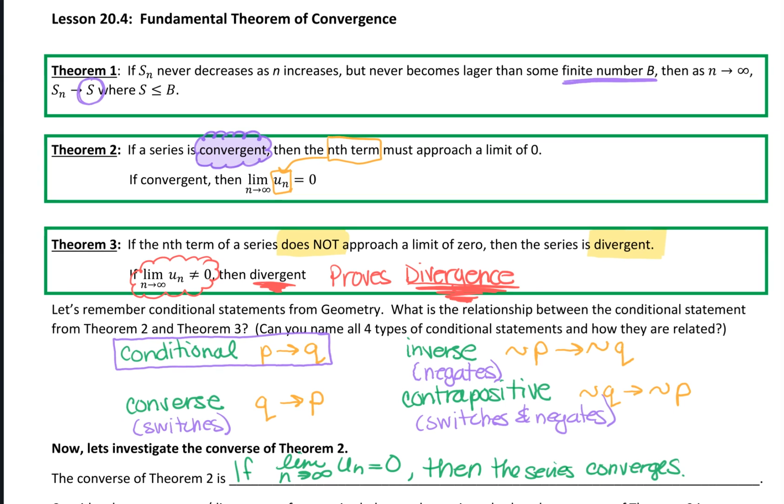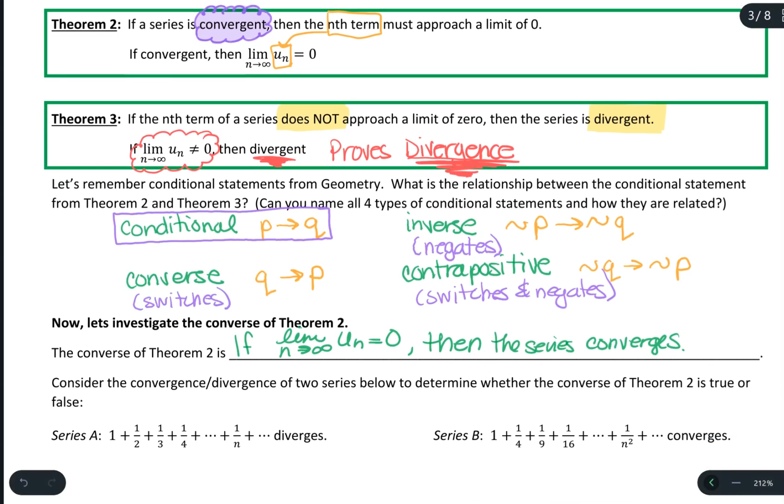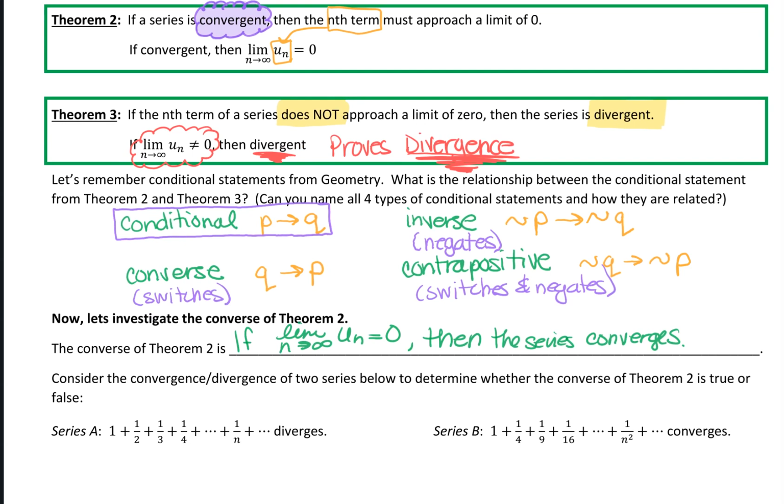Okay, so looking at Theorem 2, let me give you two series in which I know whether they converge or diverge, and I'm going to tell you what they do. You guys don't know how to prove it yet, but you will in the future. Okay, so here we have series A and we have series B. Series A right here, I'm telling you that this series diverges.